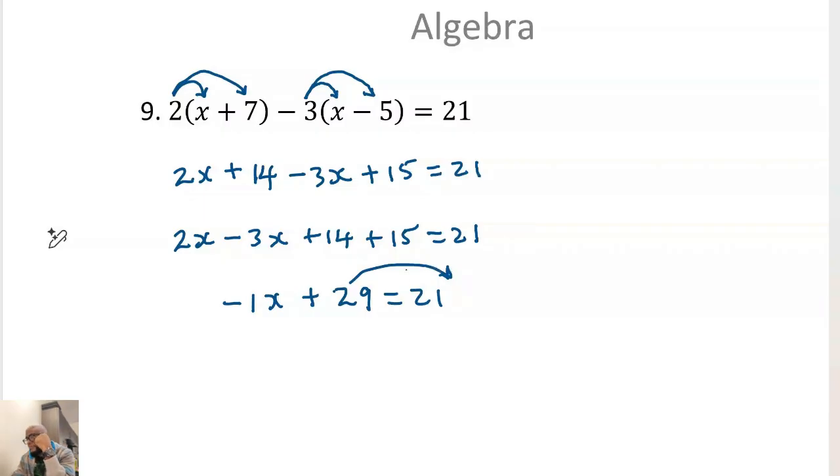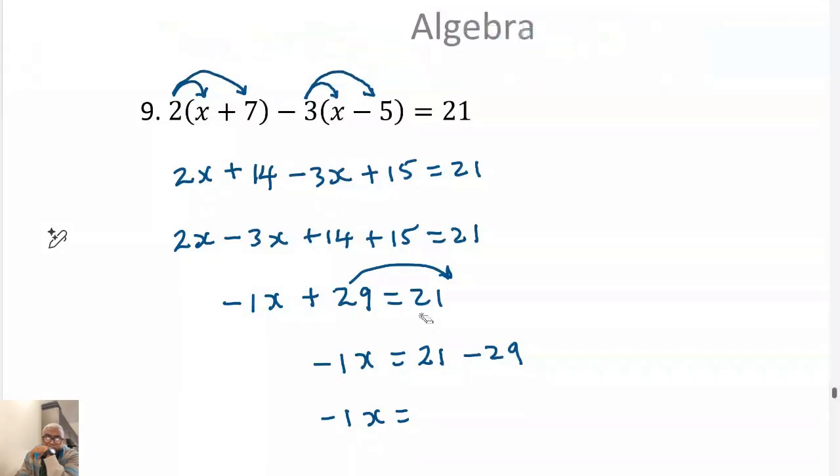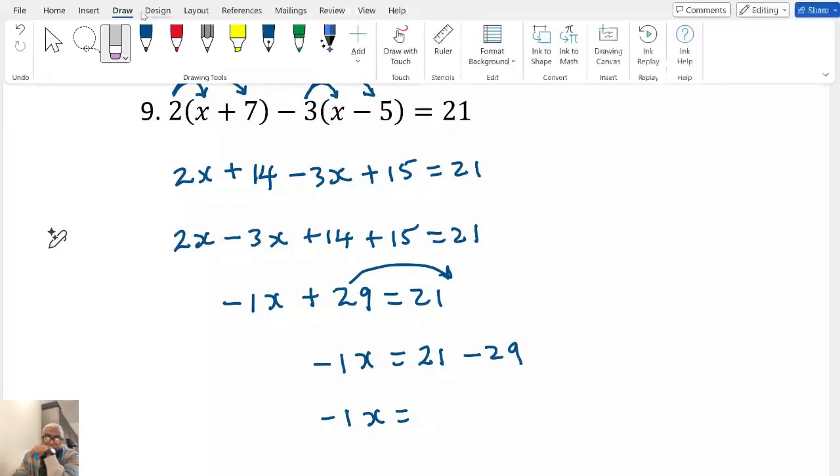Mongol, what are we doing with this here? So you're subtracting it. Right. So this will be negative 1x is equal to 21 subtract 29. Negative 1x is equal to, what do you get when you calculate that, Mongol? So I get 8.